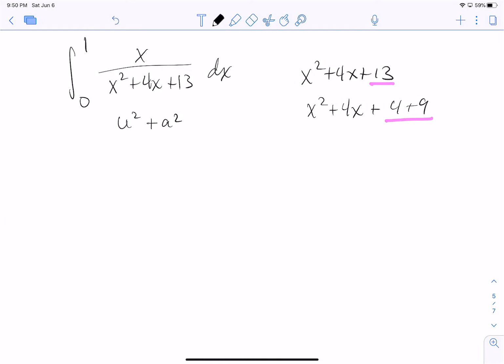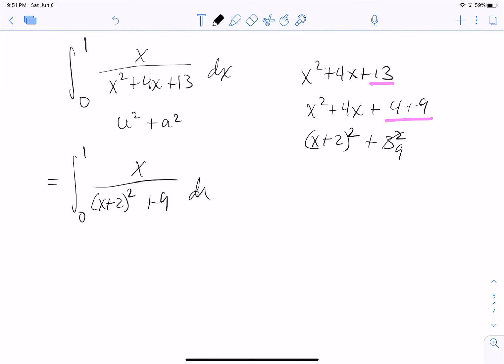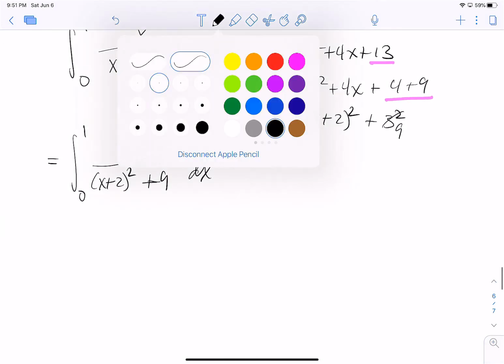In any case, we have x plus 2, the quantity squared, plus 3 squared, or 9, doesn't really matter. I'll rewrite the integral from 0 to 1 of x divided by now the quantity x plus 2 squared plus 9 dx. And now we're going to consider a substitution.